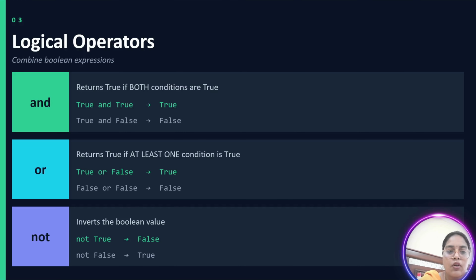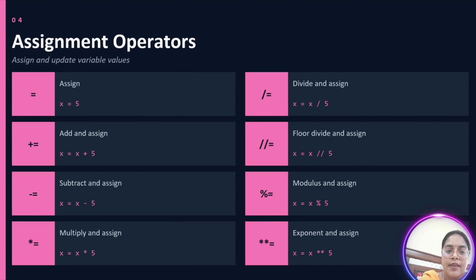Let us move on to the next topic, which is assignment operator. We are already using the assignment operator equals to. Equals to will assign a value to the variable, like x is equal to 5. The value 5 has been assigned to x.